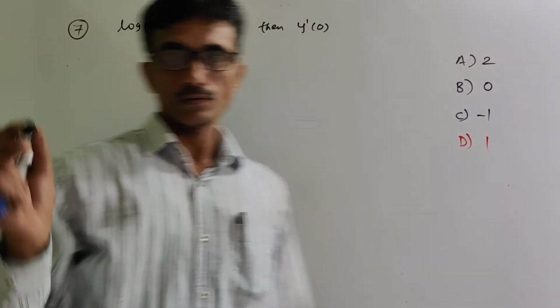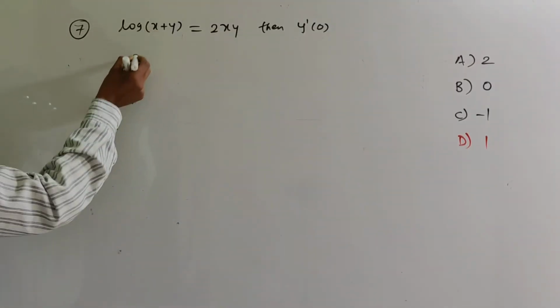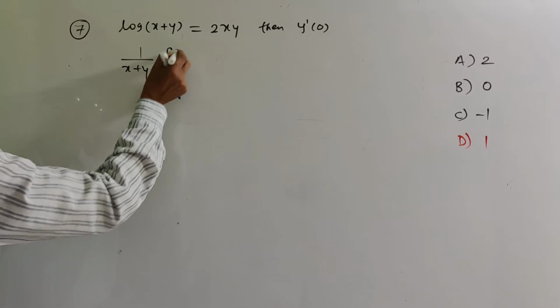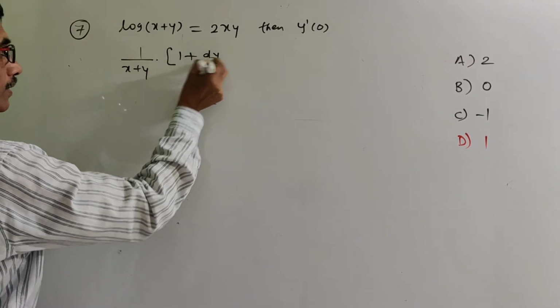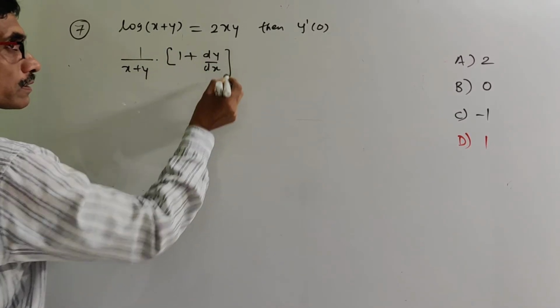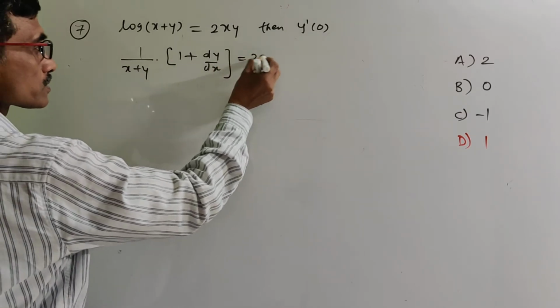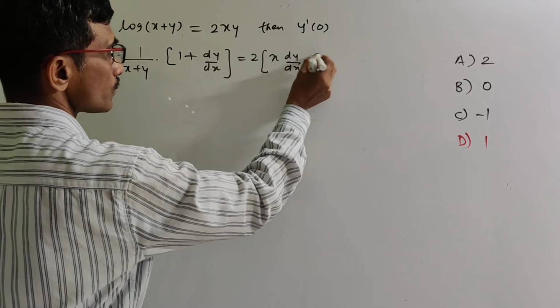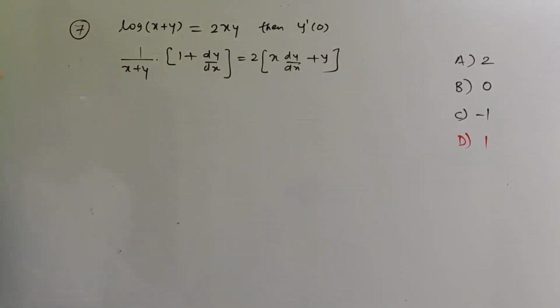Differentiate it with respect to x. So this derivative will be 1 upon x plus y into derivative of this, which is 1 plus dy by dx. Right hand side will be 2 times x derivative of y plus y derivative of x, which is 1.